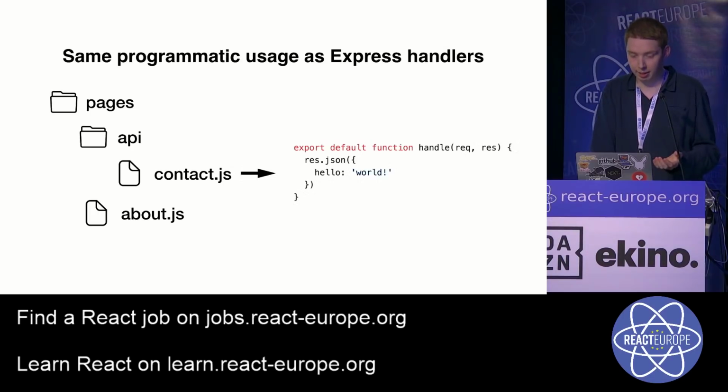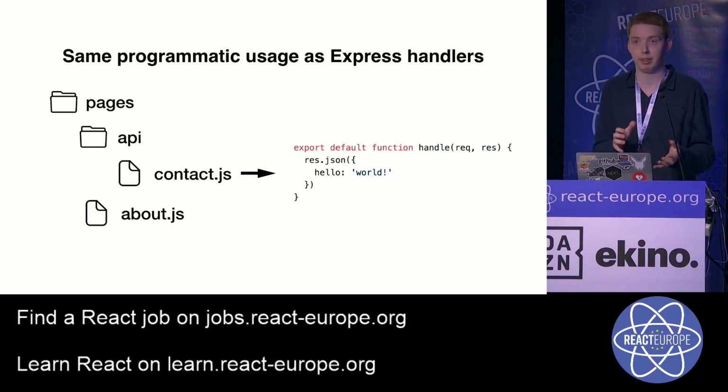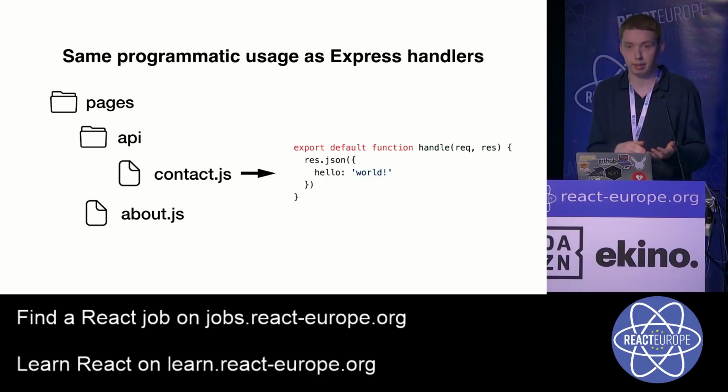And it has the same programmatic usage as an Express handler, meaning that the handle function has the same programmatic usage as Express, meaning that you can use res.json, for example.